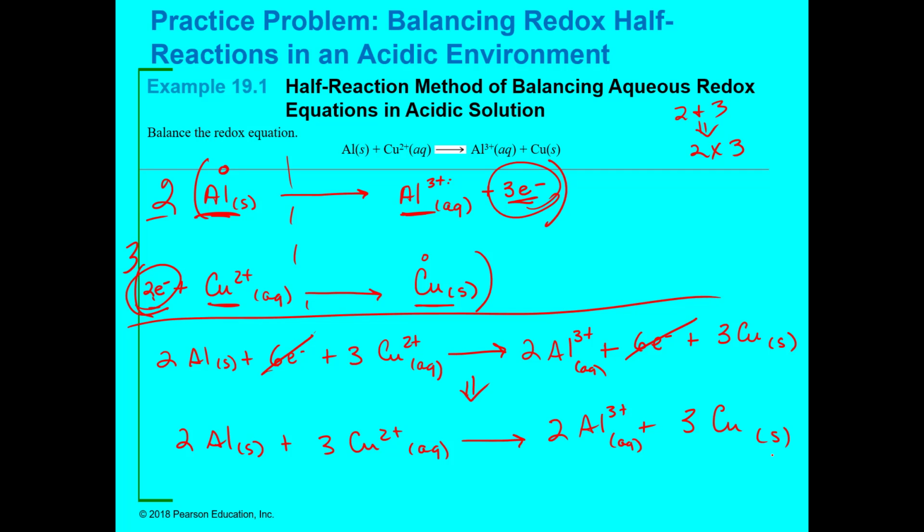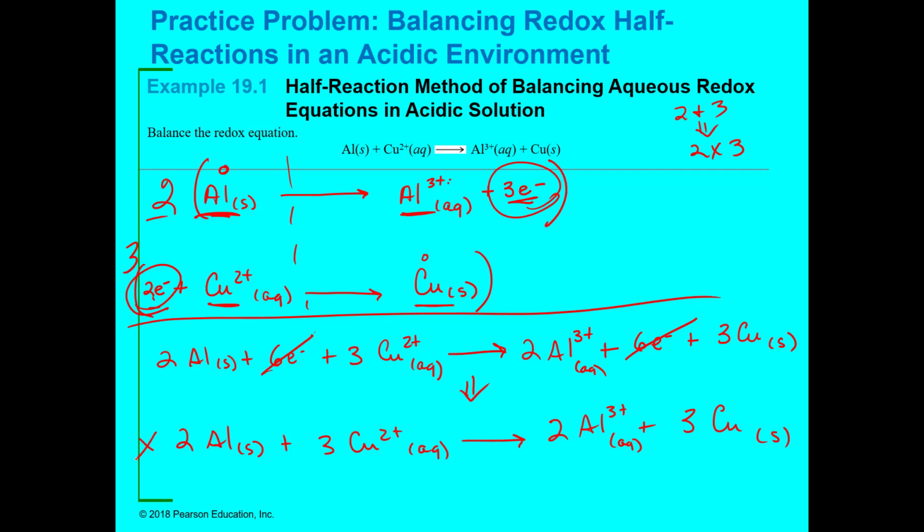So I made sure first that the aluminums and the coppers were balanced. Then I figured out where the electrons went. Then I figured out what I'd have to multiply each one by in order for them to have the same number of electrons on each side. Then I combined the reactants and the products. I canceled out my 6 electrons on both sides.